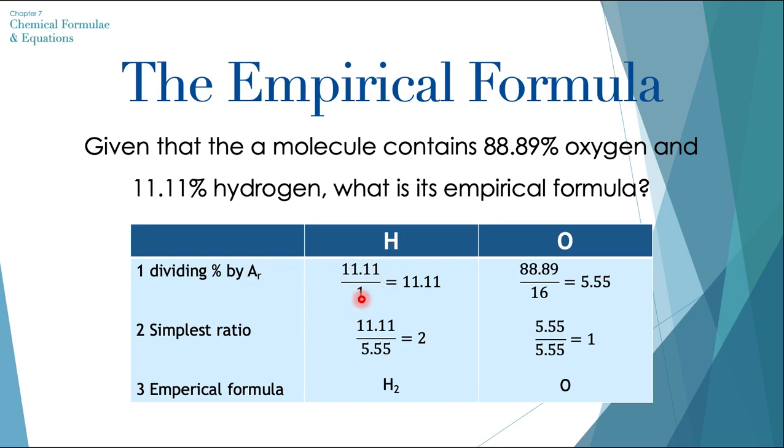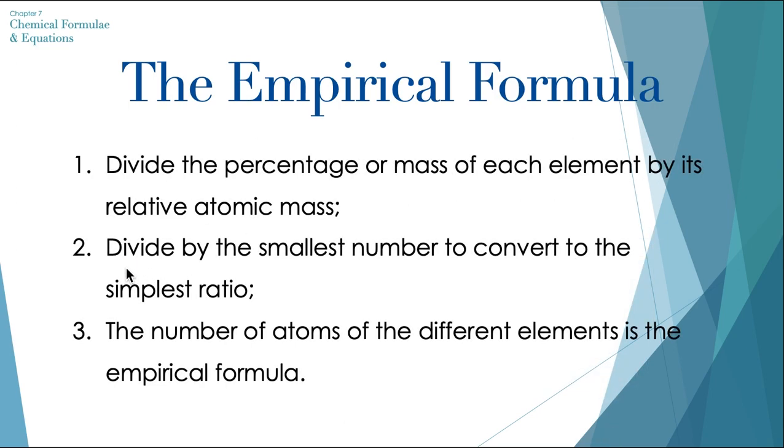Hydrogen's atomic mass is 1 and oxygen's atomic mass is 16. And the percentage of hydrogen in this water molecule is 11.11 and of oxygen it is 88.89. We divide it and we get these two things. For hydrogen we get 11.11 and for oxygen we get 5.55. Now, the second point is that we have to divide by the smallest number to convert to the simplest ratio.